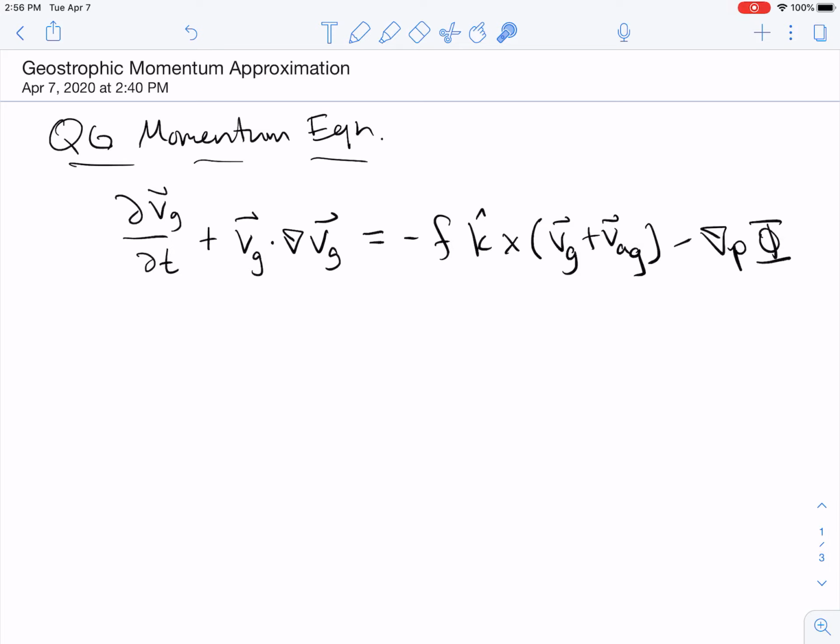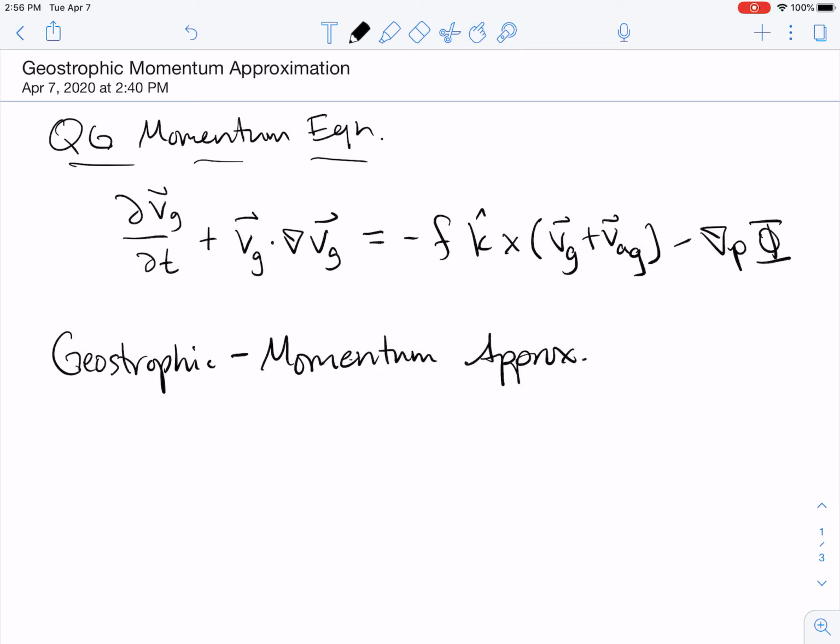To do so, we're going to need something called the geostrophic momentum approximation. And our geostrophic momentum approximation is going to add in two more otherwise neglected elements from our QG equations.